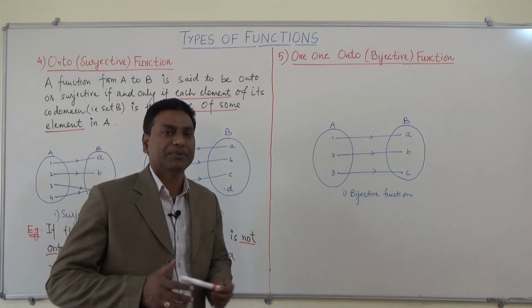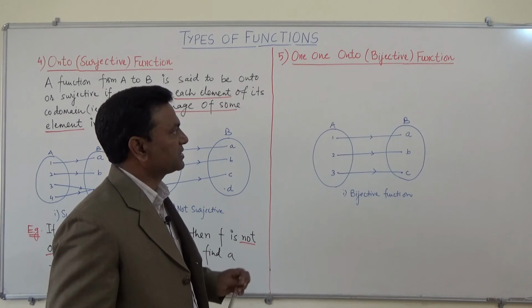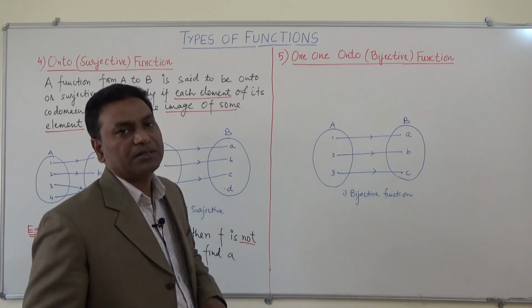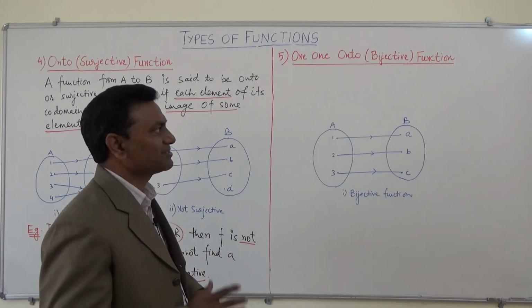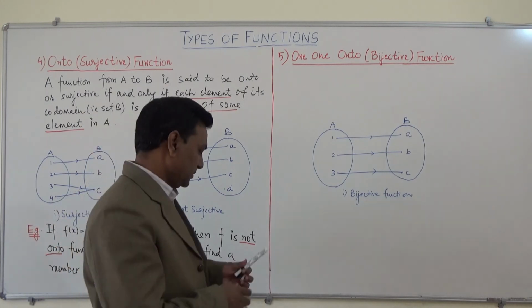Now the fifth type of the function is one-one onto, also known as the bijective function.